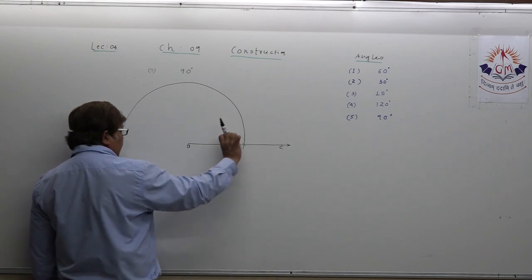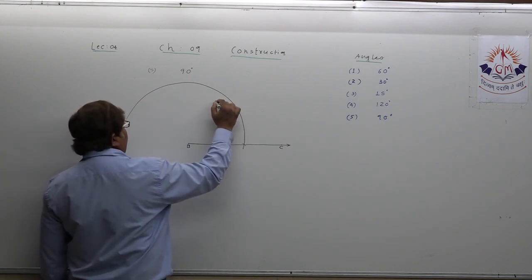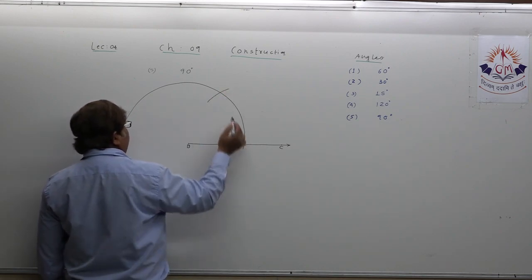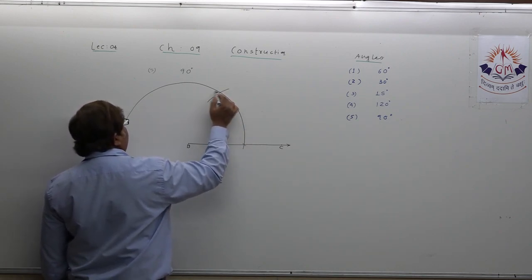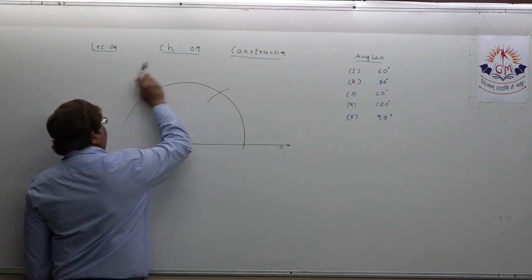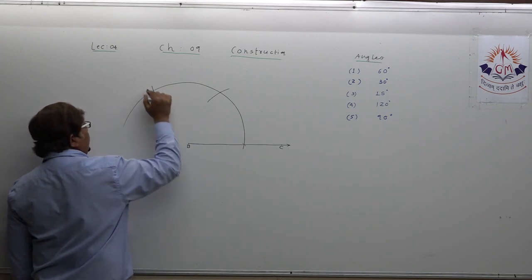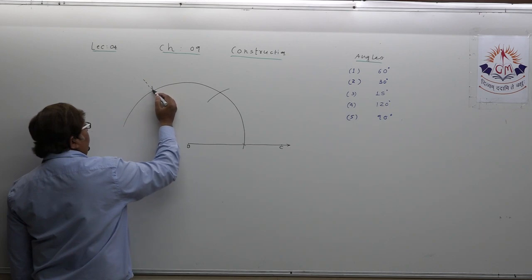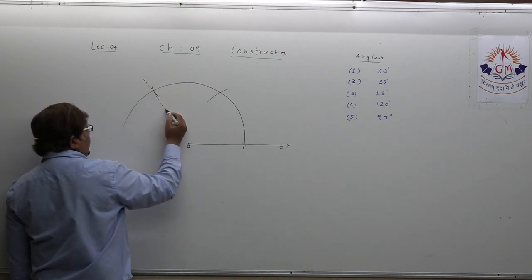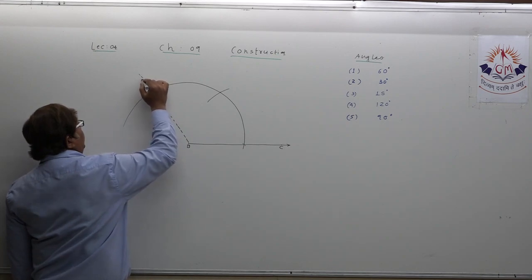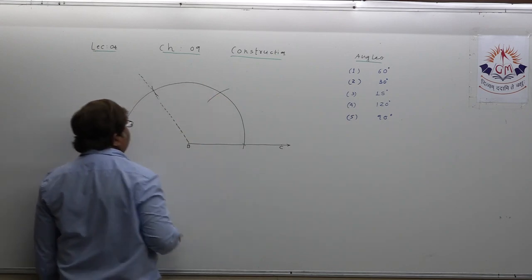Center your compass here, draw one arc. Then again keeping the same radius, center your compass, draw another arc. So this way actually 120 degrees constructed. I am just showing it by dotted line. This is an angle of 120 which is not our target.